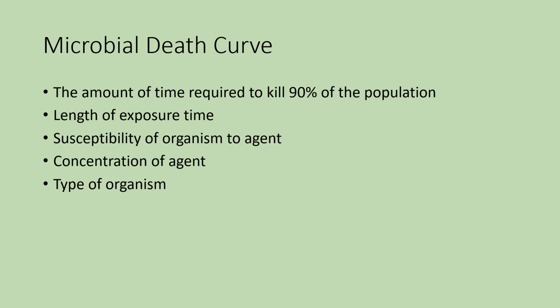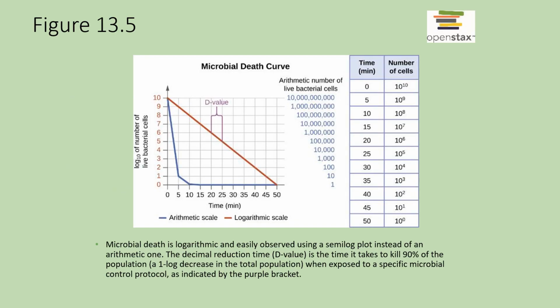The microbial death curve refers to the amount of time that's needed to kill 90% of the population. What's the length of exposure time? What's the susceptibility of that organism to whatever agent you're testing? What's the concentration of the agent? What is the organism you're talking about?